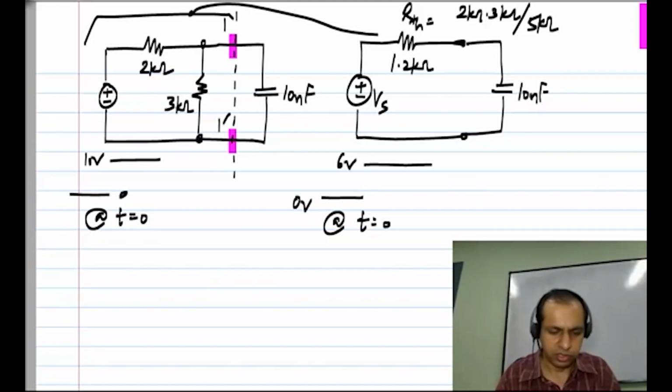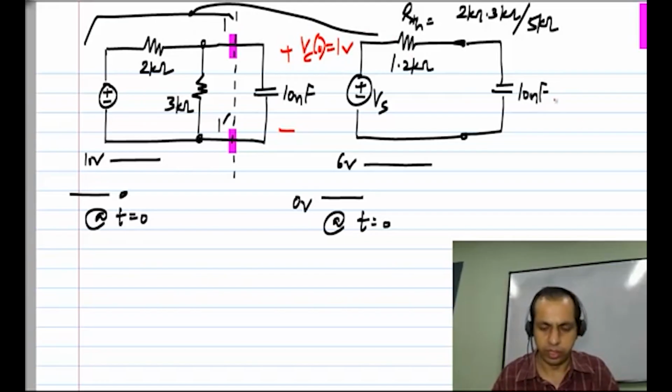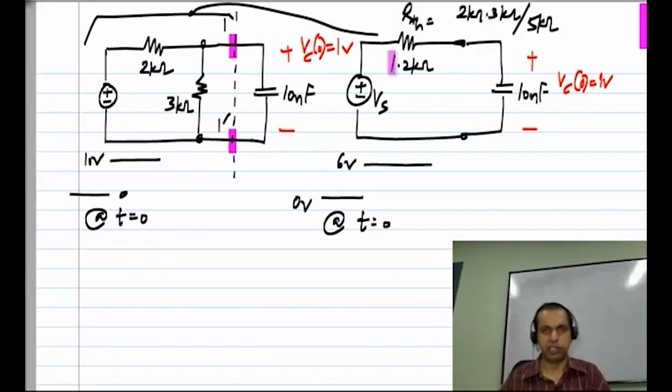Now whatever initial condition is there on the capacitor will still remain. So let me say that the initial condition is 1 volt. It happens to be there at t equal to 0 just before the step is applied. In this circuit, the capacitor is in series with the resistor, and we can't have infinite current through the capacitor which will induce a step change.